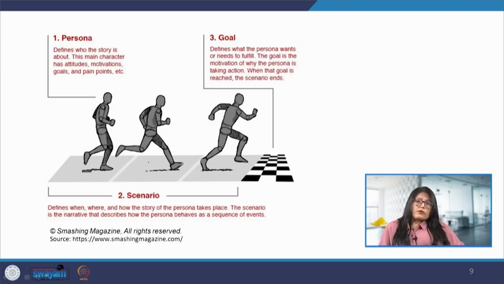to his workout schedule. So, we can see that by understanding Ramesh's persona, the scenario that he is in and his user goals, we can design an application that caters to his very specific needs and provides a personalized fitness experience.